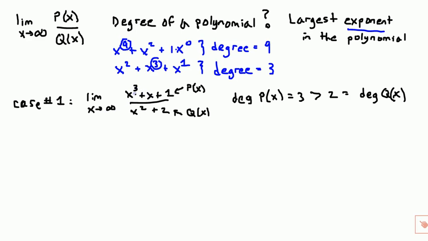We'd have something like 10 cubed over 10 squared, and then 1,000 cubed over 1,000 squared. All right, so the top is growing a lot faster than the bottom. What does that tell us? That tells us that this limit is going to end up going to infinity.